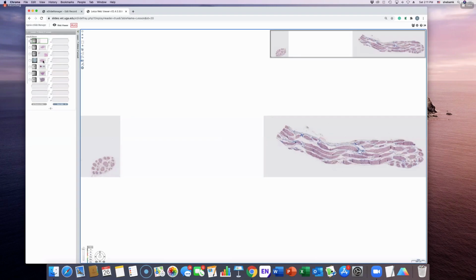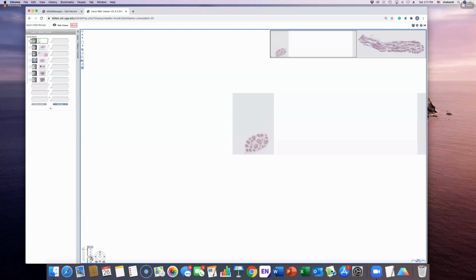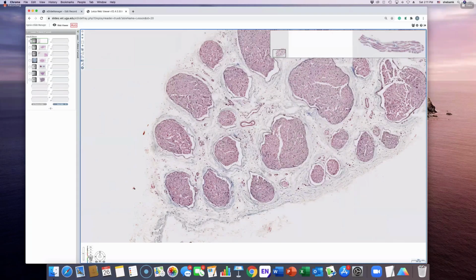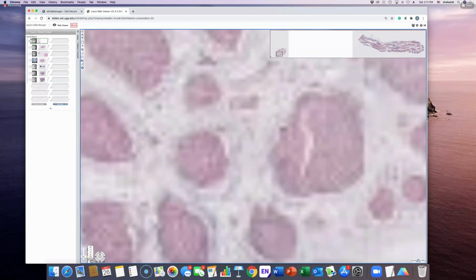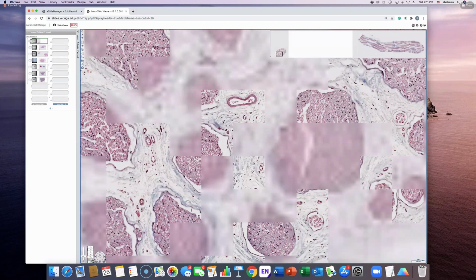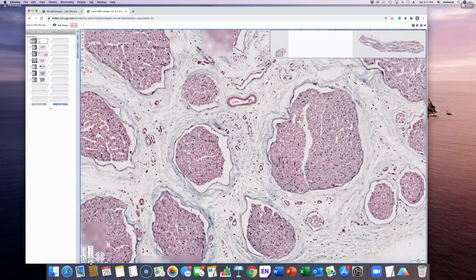Okay. So you have to know the difference between myelinated and unmyelinated nerve fibers. Okay, so if you go to a section like this, a cross section, what would you call this?